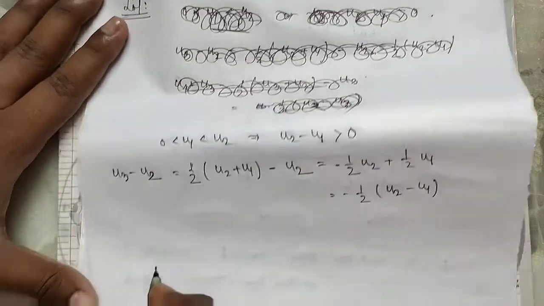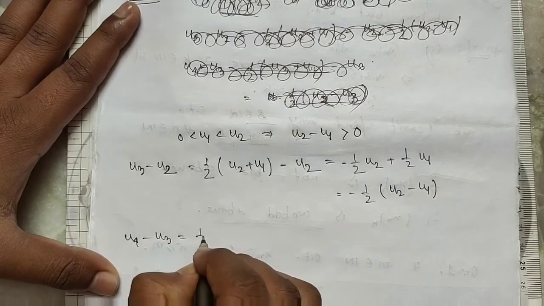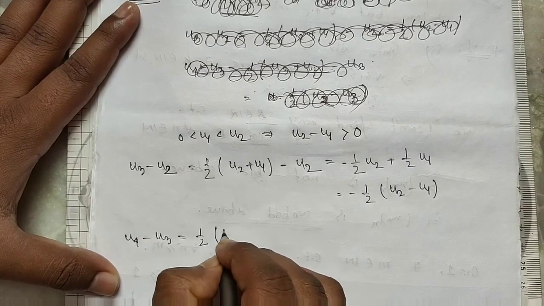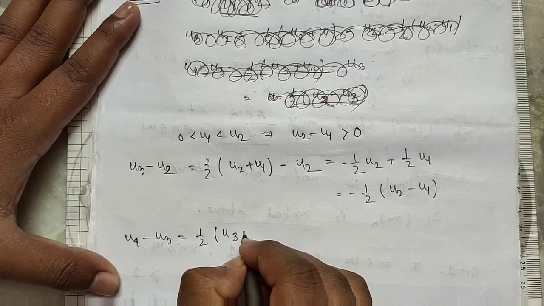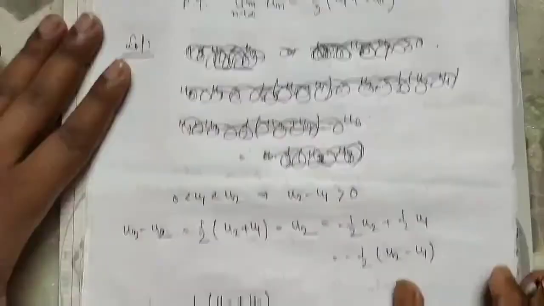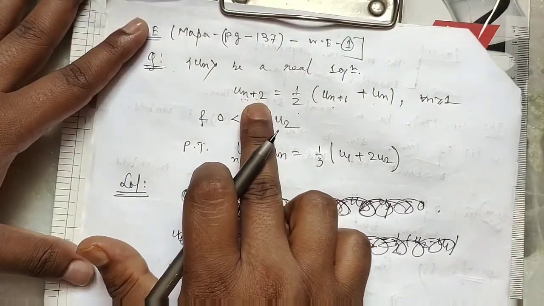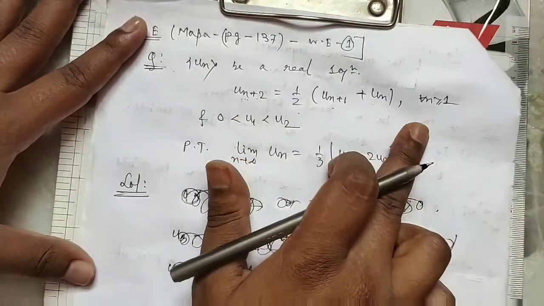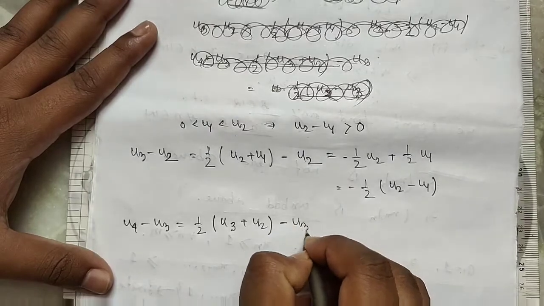Now we find u4 minus u3 equal to half of (u3 plus u2) minus u3, putting n equal to 2 in this relation.